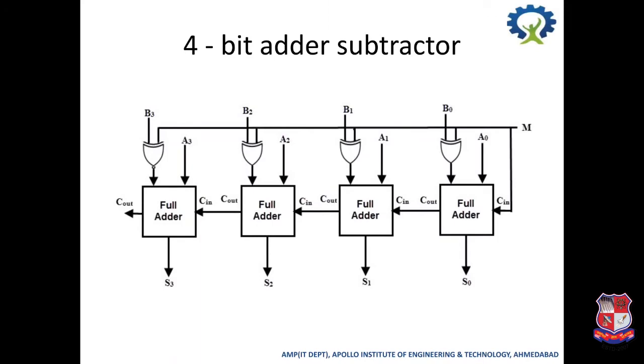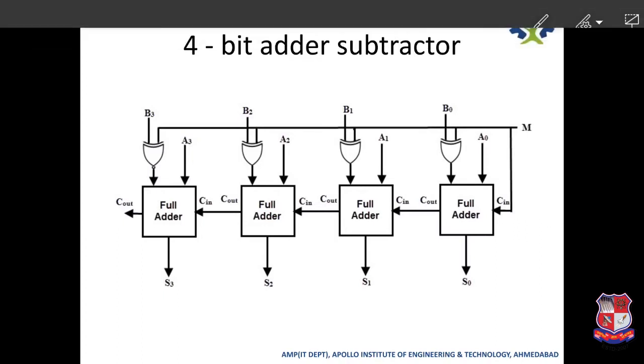Here is a 4-bit adder and subtractor circuit. In this, 4 full adders are there, and our B bit is connected with an exclusive OR gate. The XOR gate connects with B, and A is directly transferred to the full adder. Carry input is there, and here is a description.